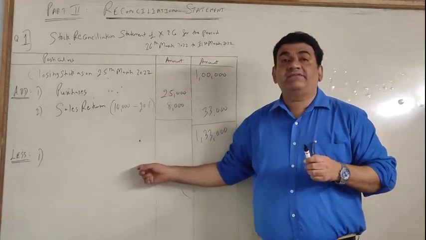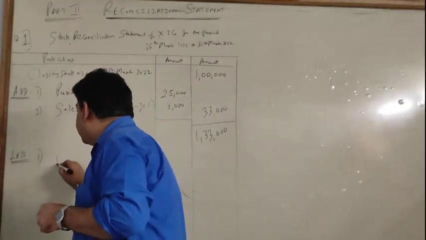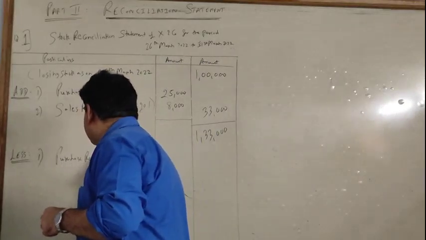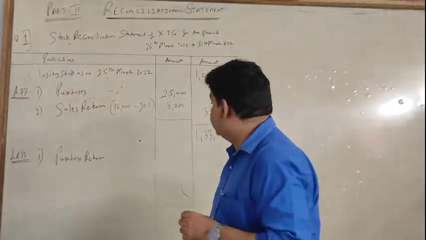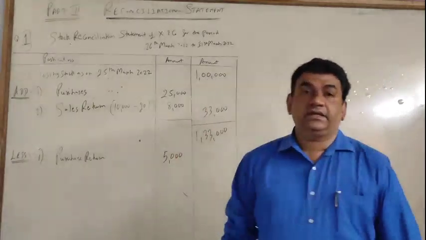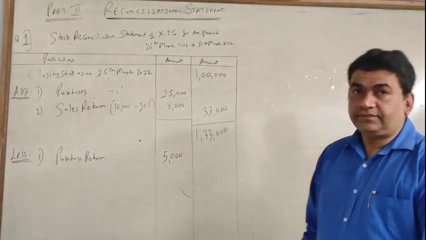So therefore, I will subtract. So first deduction right there. Purchase return, in the first column write 5,000.